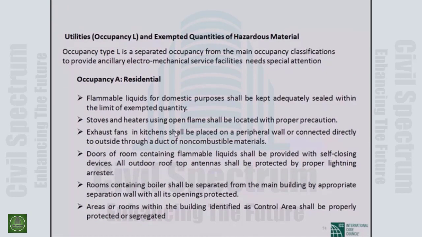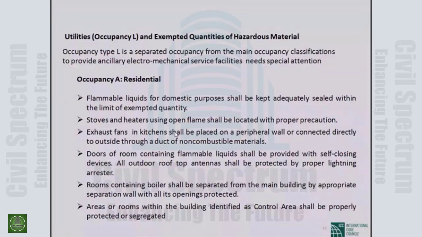Now there are some provisions, depending on the type of occupancies, for using utility service. Utility service means the utilities like kitchen, like water supply, like electricity supply, like boiler, like gas supply.